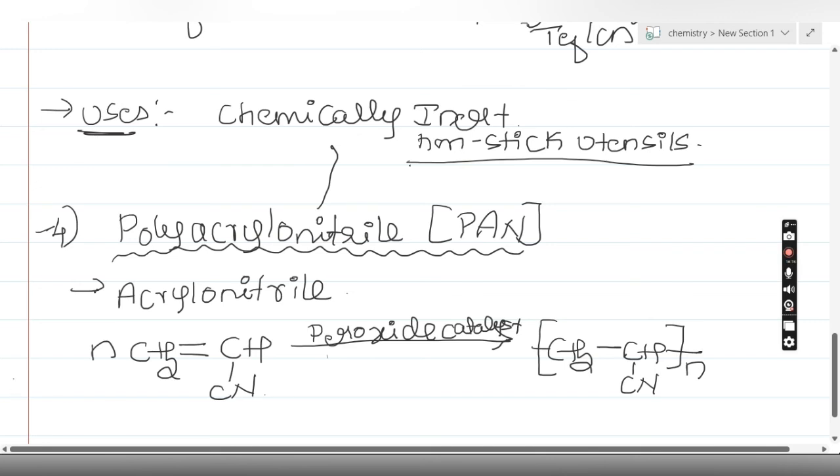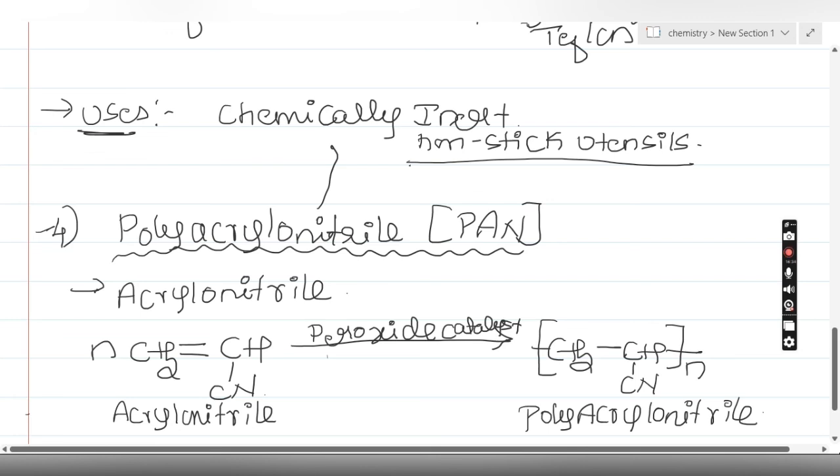The name of this monomer is acrylonitrile, and the name of this polymer is polyacrylonitrile. This is how PAN, polyacrylonitrile, is made, and it is a substitute for wool.